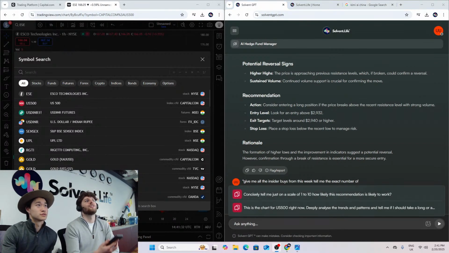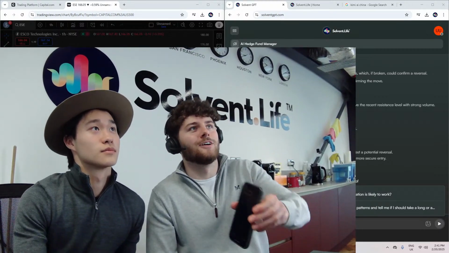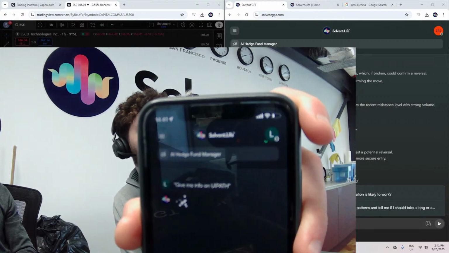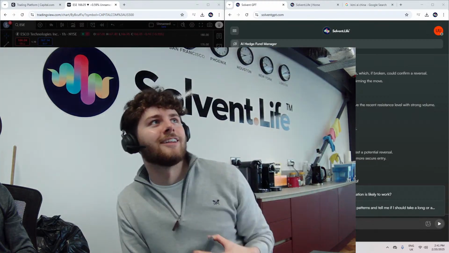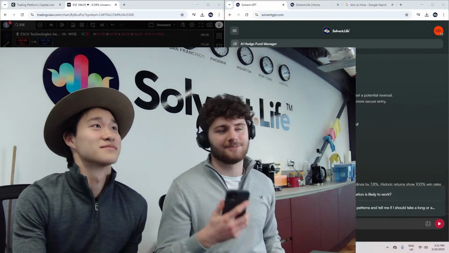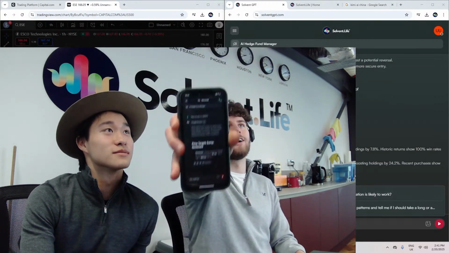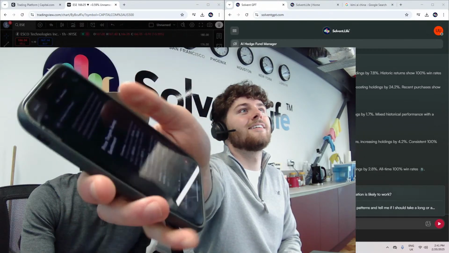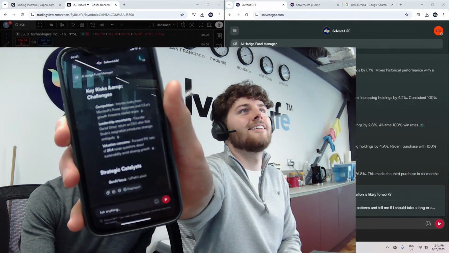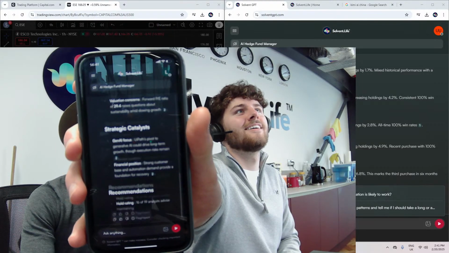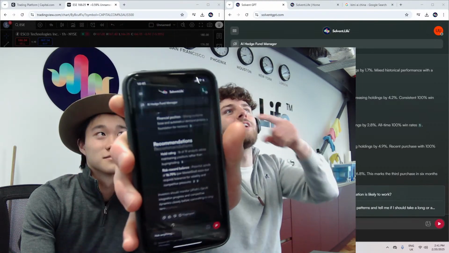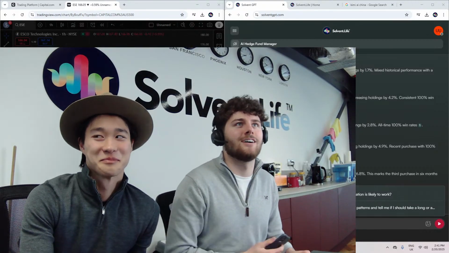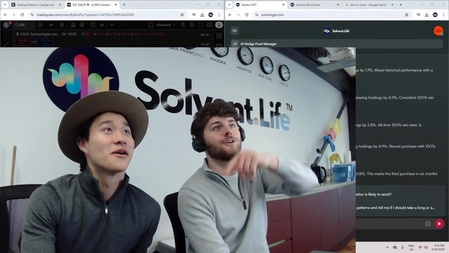Yeah, zoom it in. There we go. Look at this. Give me info on UiPath. It's the first financial AI on the App Store, and it's writing it all out. No other financial AI will give you this information on the App Store. Drop a W if that's high.